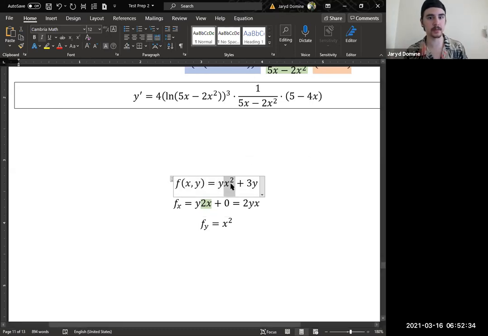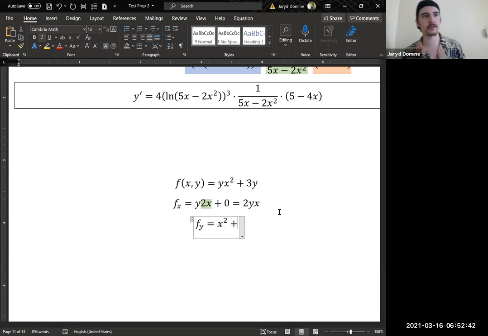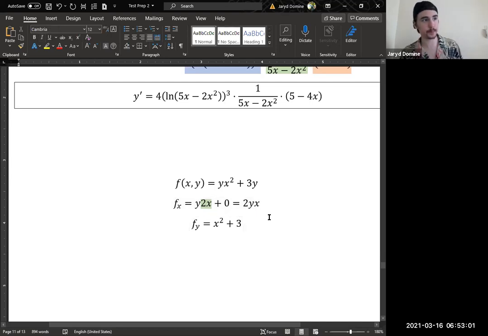So if I have yx squared, the derivative is just x squared, pretending that x squared is a constant. And the derivative of 3y with respect to y is just 3. So you use all the same rules and ideas as before, except you pretend that one of the variables is a constant. That's the only trick to it.